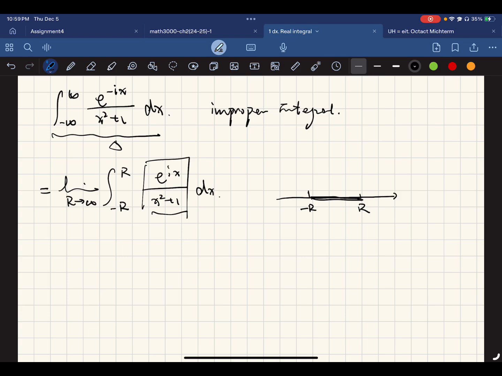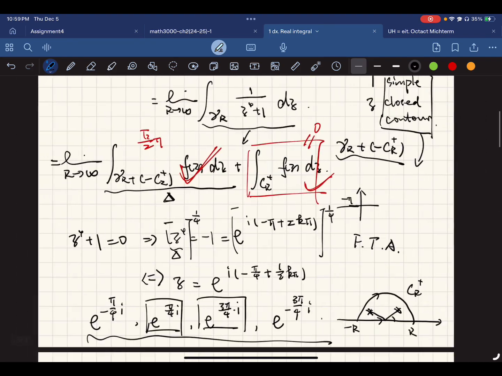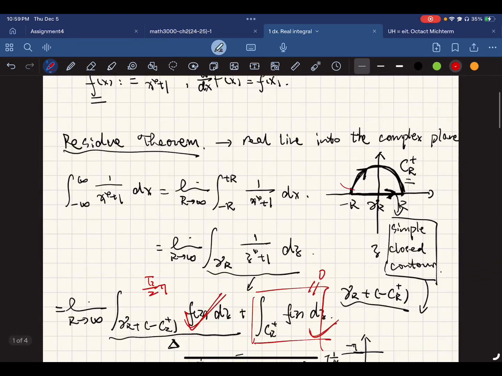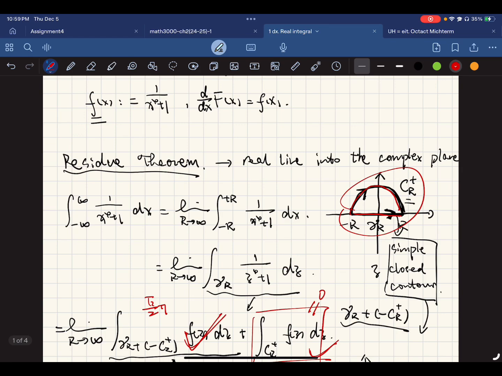So the next step is we try to construct a semicircle. Like last time we mentioned, we construct a semicircle to make the straight line into a closed contour. Then we can use the Cauchy-Goursat theorem, or its corollary, which we call the residue theorem.